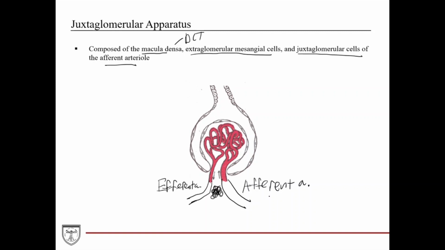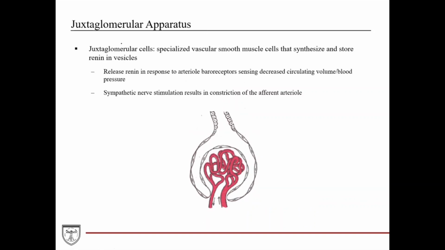Then you have the juxtaglomerular cells, mainly found in the afferent arteriole. There's some found in the efferent, but they're at a much higher concentration in the afferent. And then you have the macula densa, which is a region of the distal convoluted tubule, which is found kind of in this region here between the afferent and efferent arteriole. So this is our macula densa.